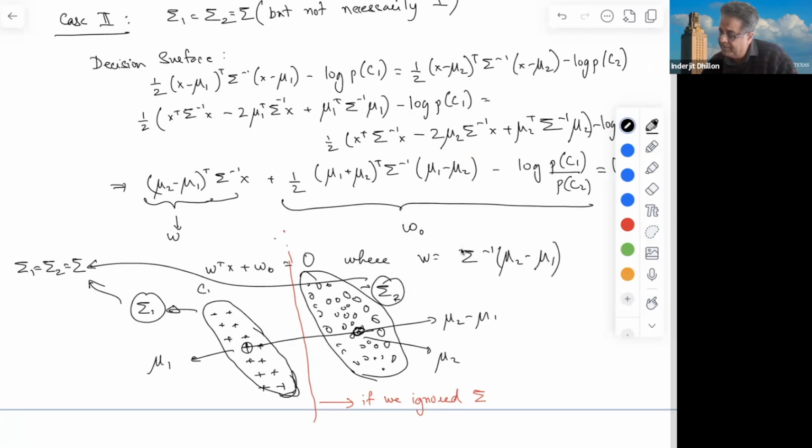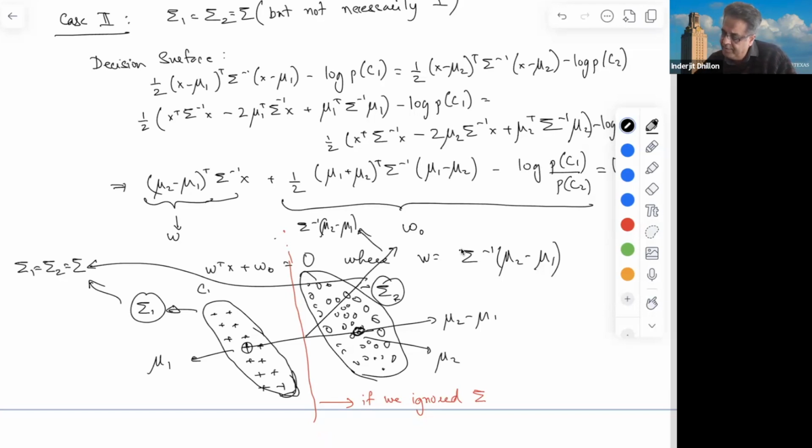Okay, so generally it'll be something like this. How should I draw it? Something like this. This is too crowded, but anyway, sigma inverse mu2 minus mu1.